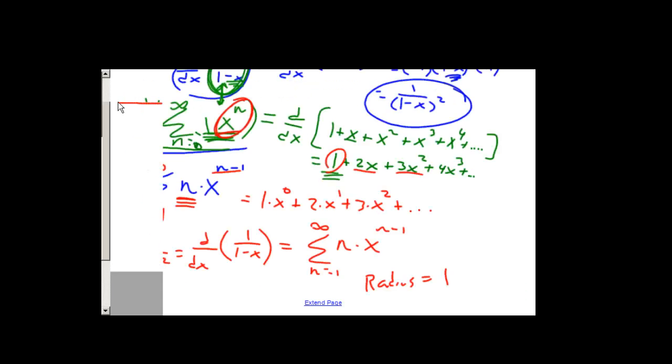All right, let's look at a very similar problem, but just going the other way. If I want to find a power series representation for ln of 1 plus x and its radius of convergence, what I can recognize is that the integral of 1 over 1 plus x equals ln of the absolute value of 1 plus x.